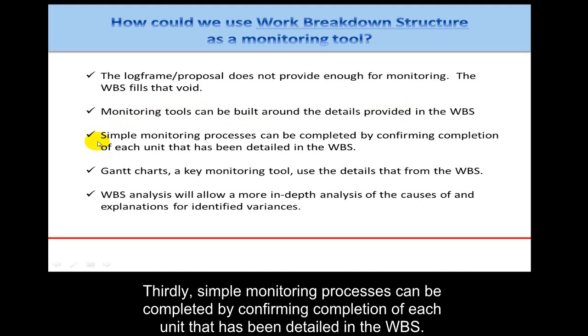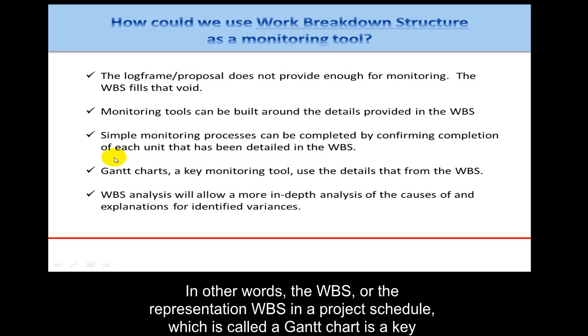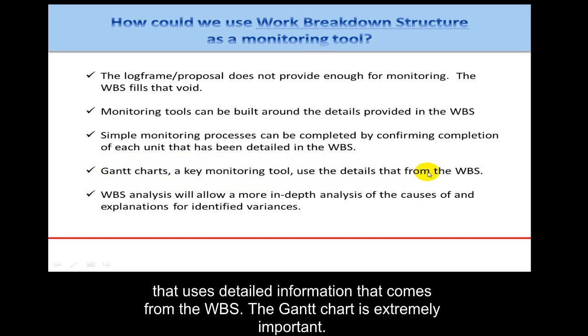Thirdly, simple monitoring processes can be completed by confirming completion of each unit that has been detailed in the WBS. In other words, the WBS, or the representation of the WBS, especially in a project schedule, which is called a Gantt chart, is a key monitoring tool that's used based upon the detail that comes from the WBS. So the Gantt chart is extremely important.